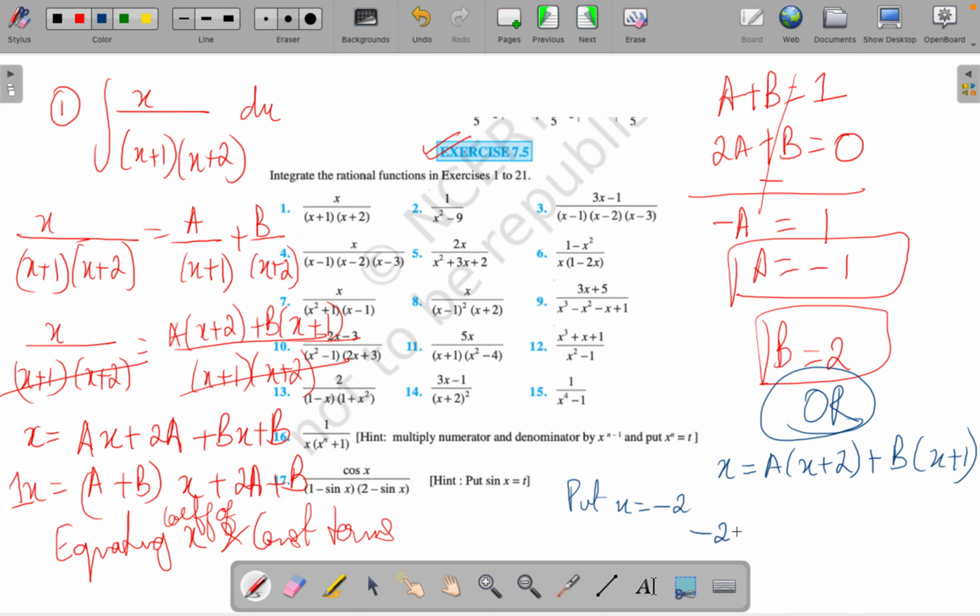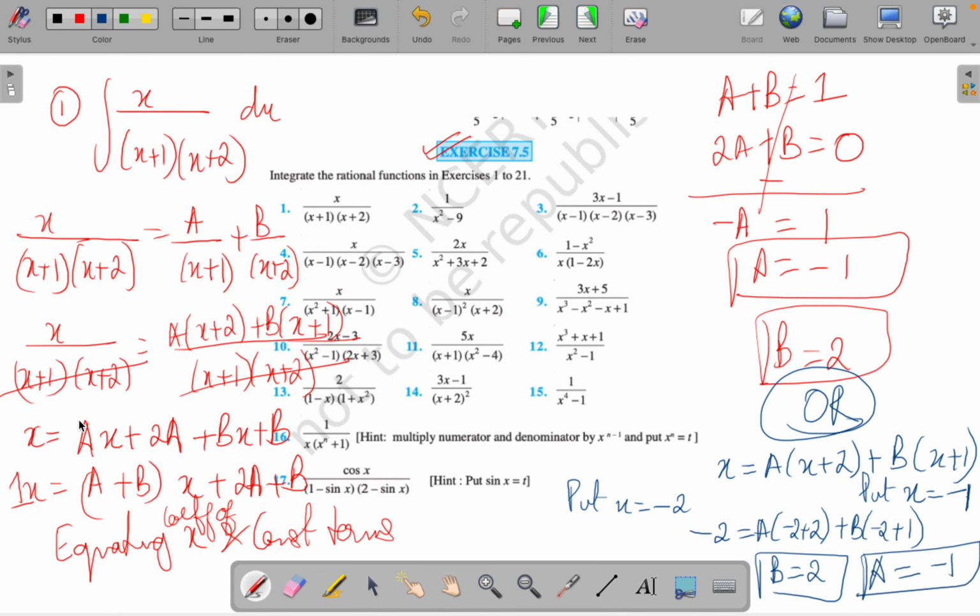So minus 2 is equal to a into minus 2 plus 2 plus b into minus 2 plus 1. So this becomes 0, so b is equal to 2. Similarly, if I put x is equal to minus 1, b becomes 0. So I get a as minus 1.